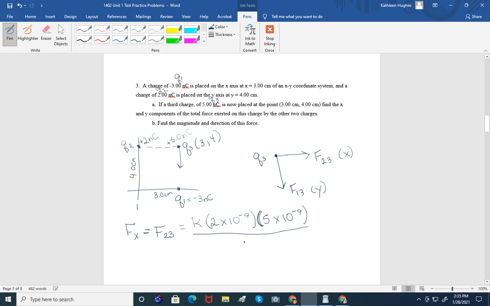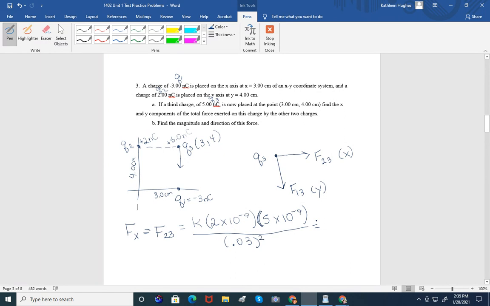And of course, the distance between them, we have to look along the x-axis, it's 3 centimeters. 3 centimeters is 0.03 meters squared.